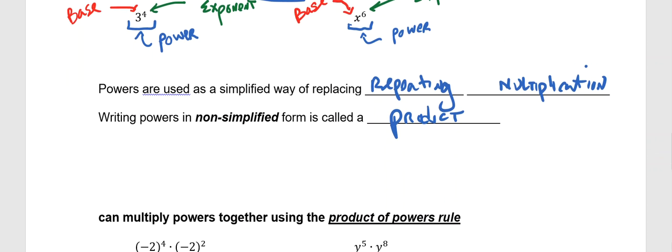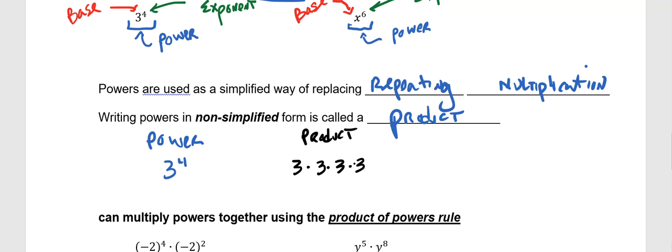As an example, if I have a power of 3 to the fourth, then an example of that as a product would be 3 times 3 times 3 times 3. Now we want to be careful about how we describe what's going on with this power.